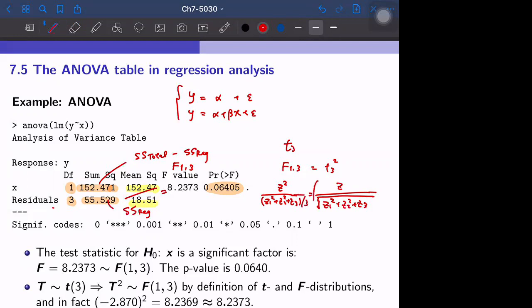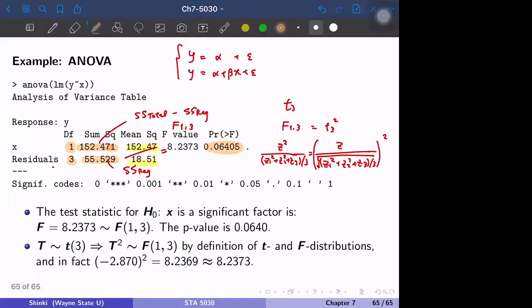But anyway, this is the square of this. So the F distribution is the squared t distribution, and exactly we have the same result. This F value is the square of the t value on the previous page. So this is how the ANOVA table works for linear regression. ANOVA is basically a special case of linear regression.